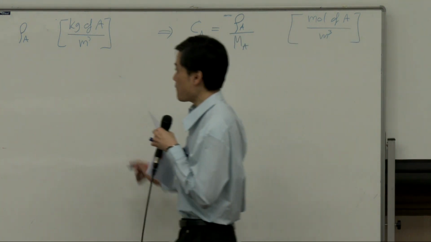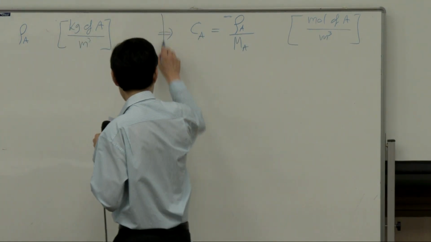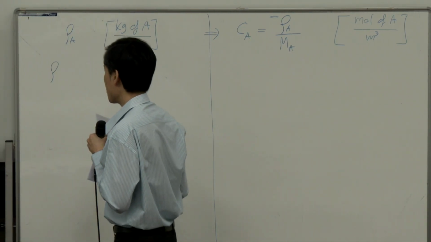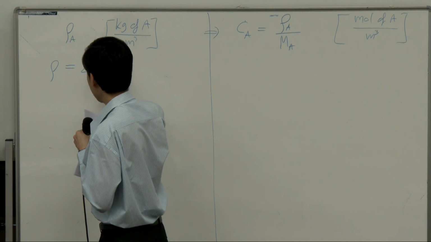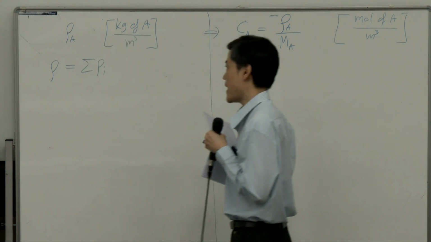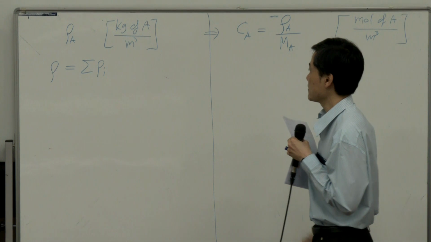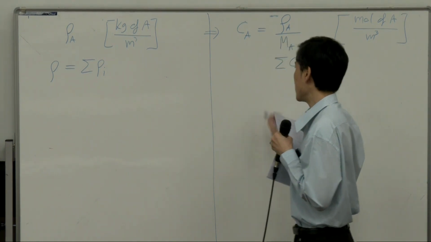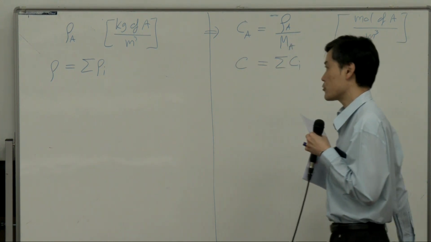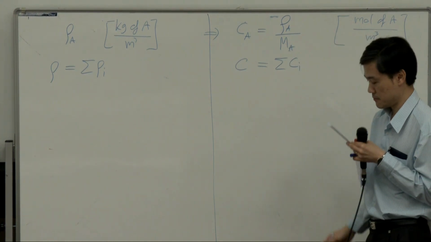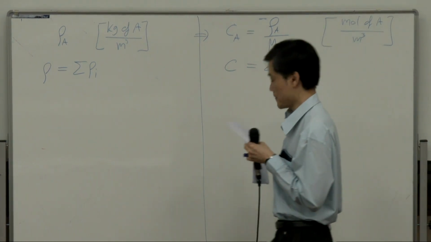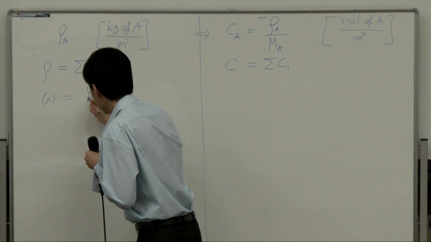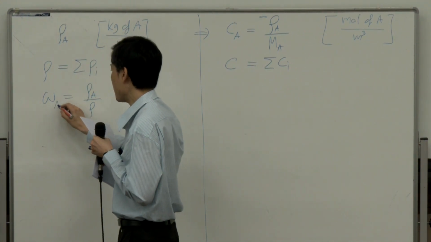Okay? So from this side, if I divide the whole board into half, total concentration can be calculated by summation of mass concentration of each species. In the same manner, if you take summation of molar concentration of all species, you get total molar concentration. If you take rho A divided by rho, you get mass fraction.